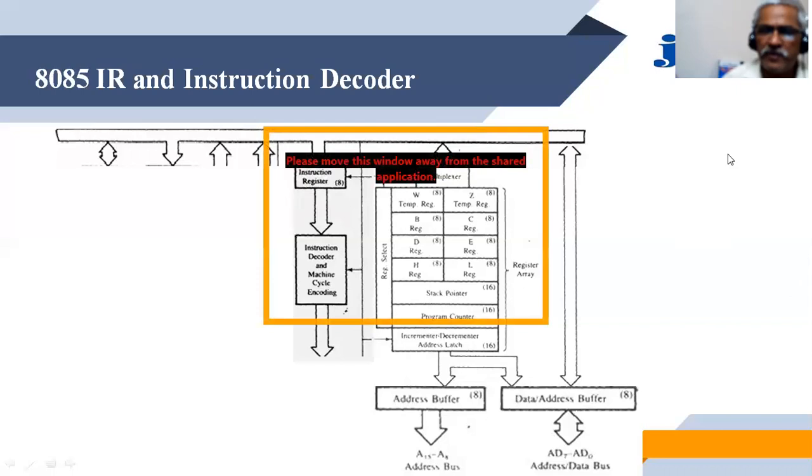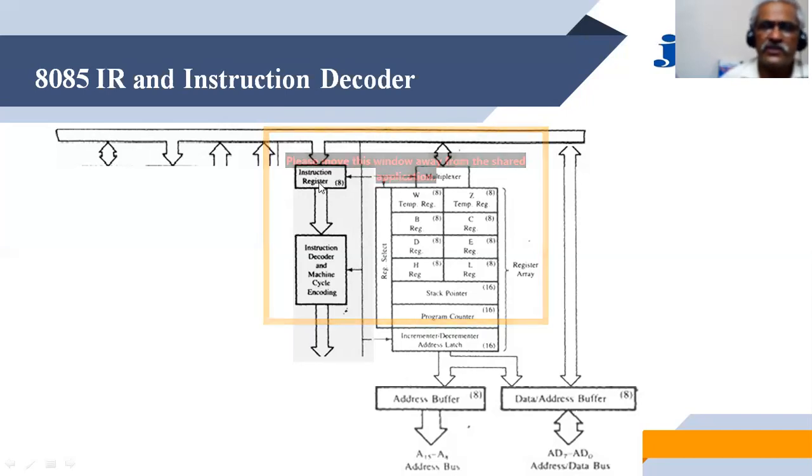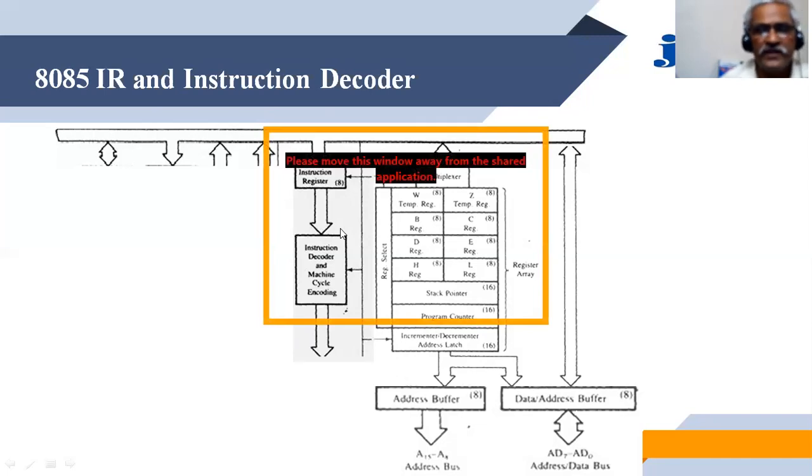So if I have a memory in this white space, on interfacing this memory, the next instruction pointed out by the address of the memory will be read into the data bus buffer, and then it will be transferred into the IR, the instruction register. The instruction now is in binary format. So the opcode is then transferred to the decoder unit, which decodes or finds out the meaning of that particular code.